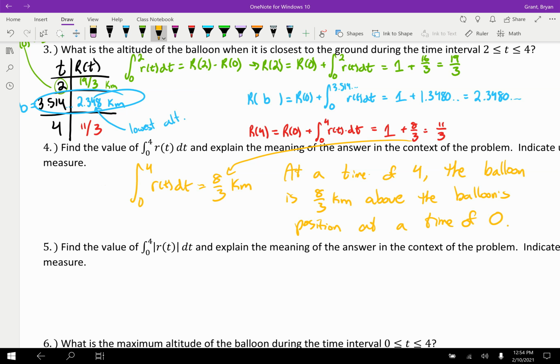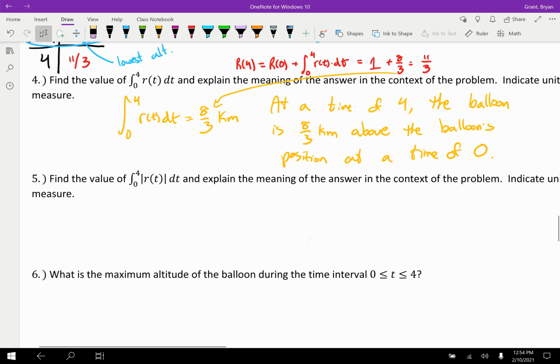So we don't actually know by this 8/3 where the balloon is. We just know that at a time of 4, it's 8/3 kilometers above where it was at a time of 0. Now, we know that at a time of 0, it was at 1, and so by adding 8/3, we can figure out where it was at a time of 4, but interpreting these integrals can be tricky, so the more we try, the better we're going to be.